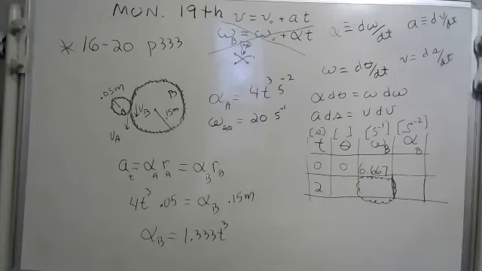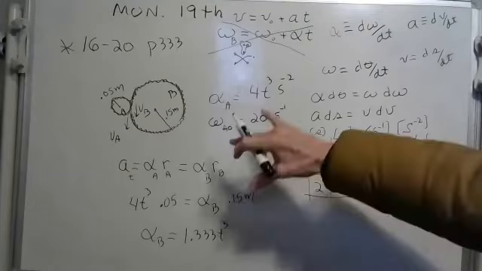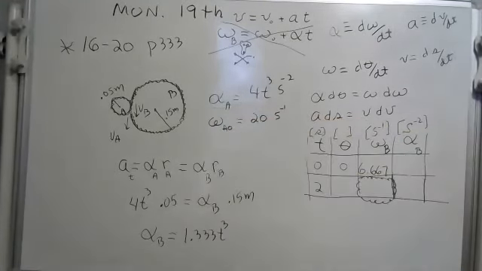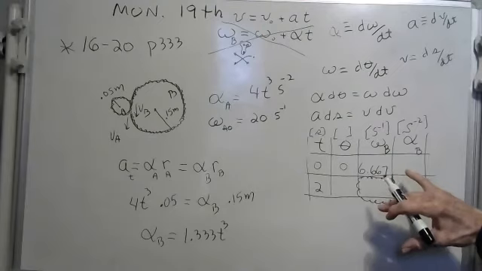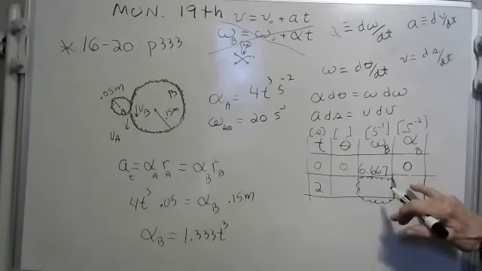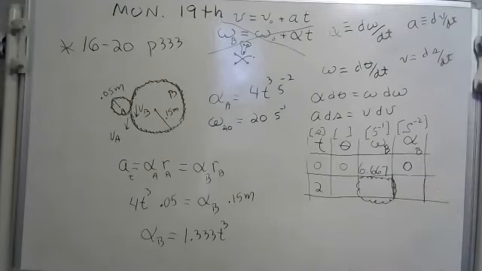That's at any time whatsoever. At time zero, that would be zero, wouldn't it? I think it would. See here, when time is zero, you get a zero angular acceleration. But at time zero, this would be zero also. But see, it's a variable. Okay, well, we got the angular acceleration.